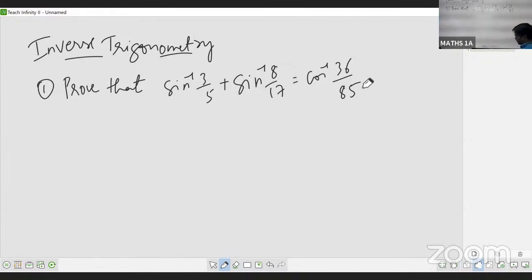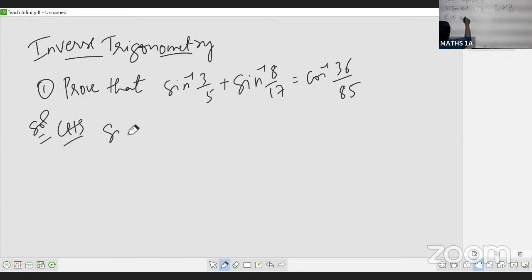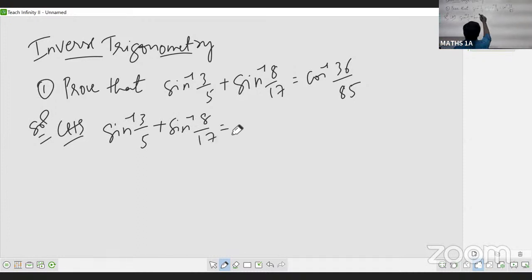We have to prove this. Is it clear? So let us take LHS: sine inverse 3 by 5 plus sine inverse of 8 by 17, in terms of cos inverse.